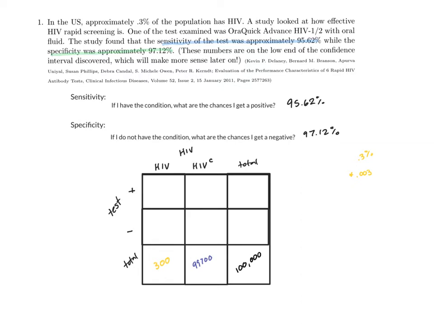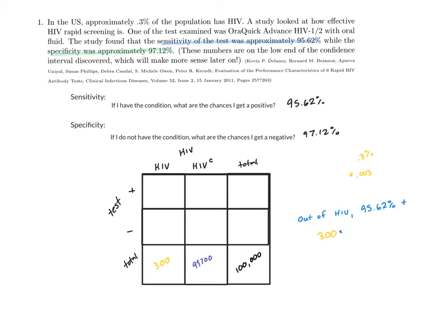Now I've got the totals filled in that row. I can go ahead and use my sensitivity and specificity. Let's talk about sensitivity first. Sensitivity tells me out of everyone who has HIV, 95.62% will get a positive test result. Based on this then, I can tell that in my sample, I had 300 people who actually had HIV, right? And out of that 300, 95.62% of them should get a positive.